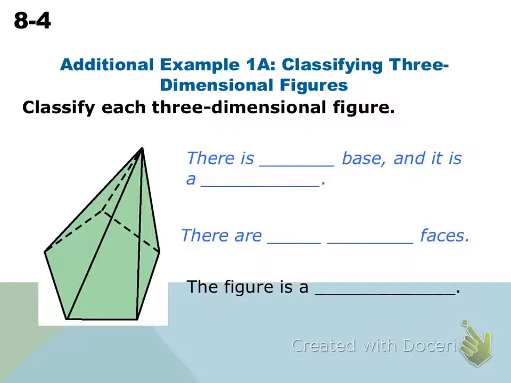So looking at this shape, we've got to figure out, how do we classify this? How many bases are there in this? If you look right here, you will see that there is just the one base. It's right down at the bottom, right here. And that base is a pentagon.